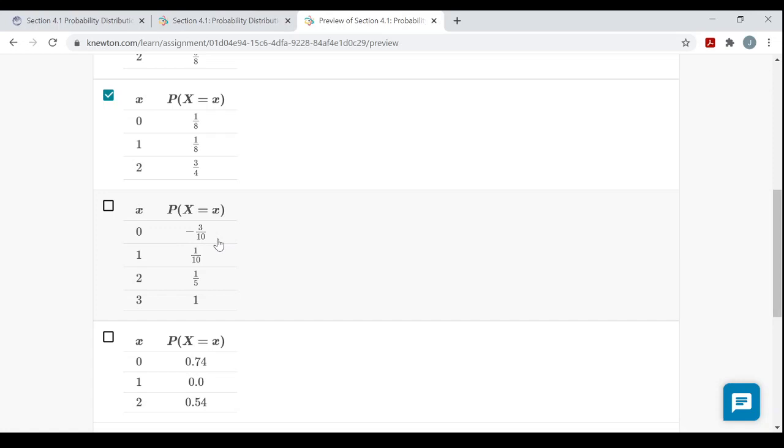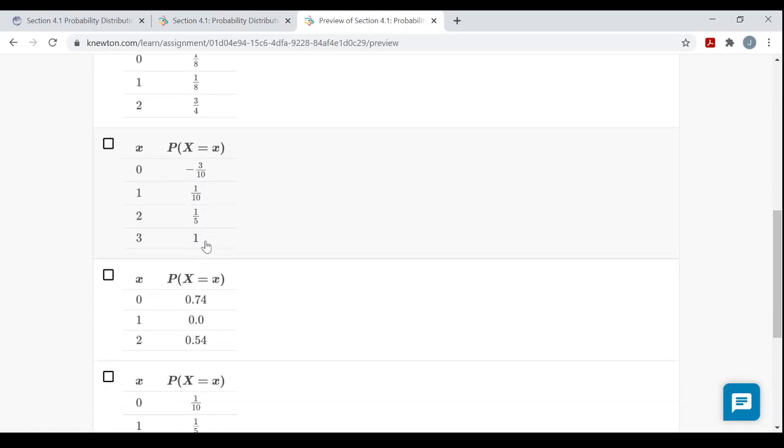Even though if you add these up, you get 1, right? Because negative 3/10 plus 1/10 is negative 2/10, which is negative 1/5, plus 1/5 is 0, plus 1 is 1. Yeah, the sum of the probabilities is 1, but not all of the probabilities are from 0 to 1. One of them is below 0, it's negative. So I'm not picking that one.